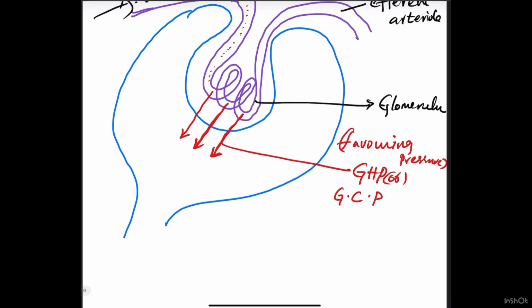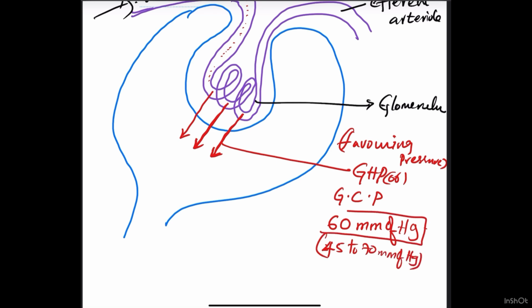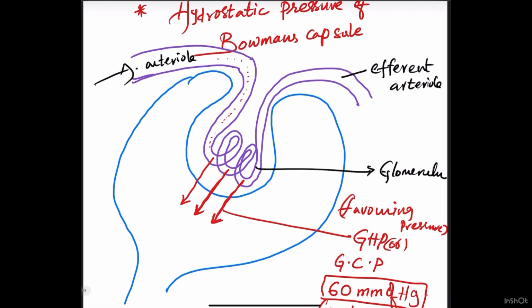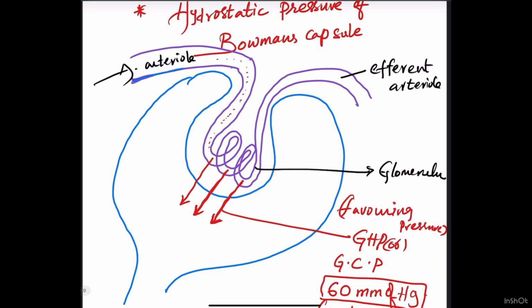This is approximately 60 mm of Hg. It may vary from 35 to 45 to 70 also, but mostly we mention 60 mm of Hg. The pressure is created by the different diameters of the afferent arteriole and efferent arteriole.